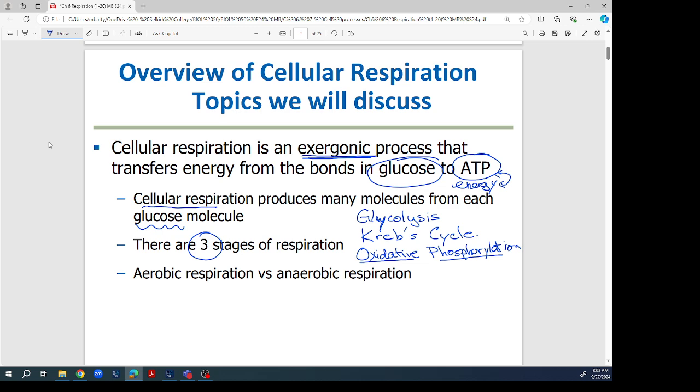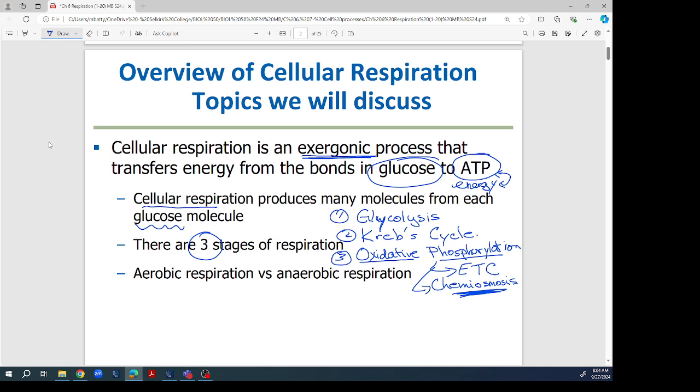So oxidative phosphorylation has 2 parts to it. It has the electron transport chain and another funny word, chemiosmosis. And so this one is usually the last one to make sense of as we go through the 1, 2, and 3 stages of respiration. But if we don't have this last one, we make basically no ATP in the process of cellular respiration.